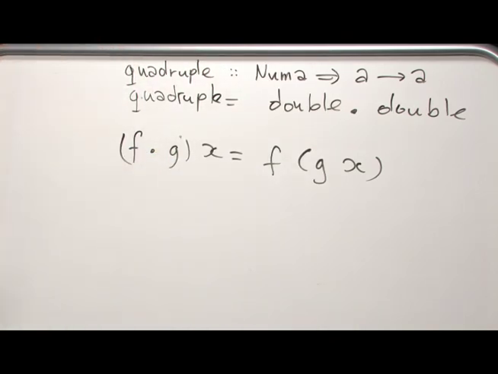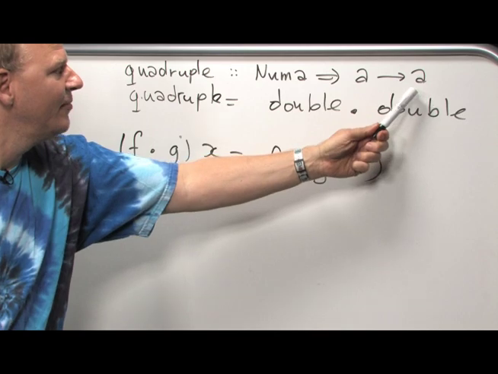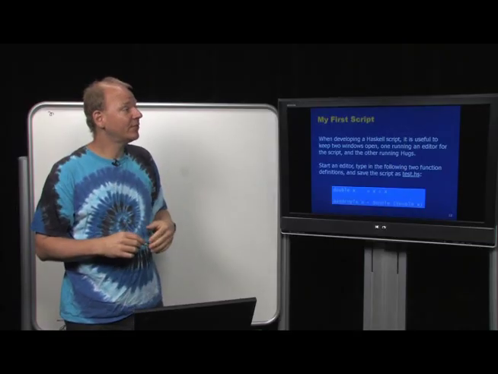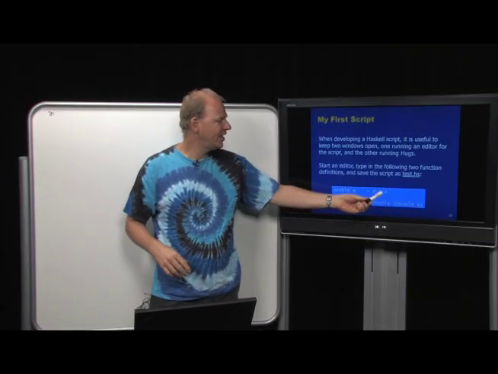It says it's a function from A to A, but it's not for all A, it's only for A that are numbers. And why does it know that it's only for A's that are numbers? It's because I use addition.